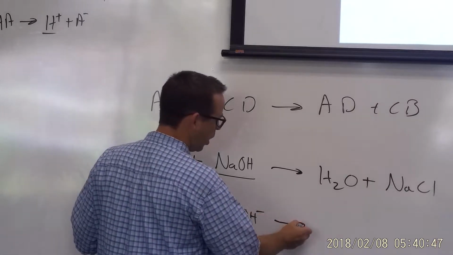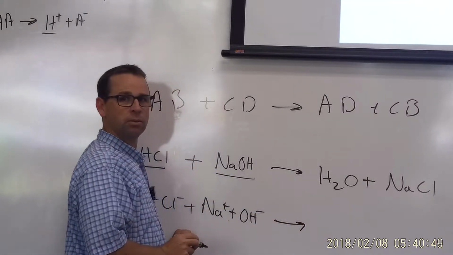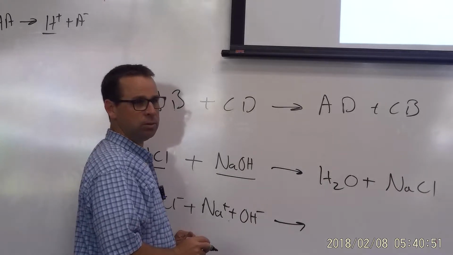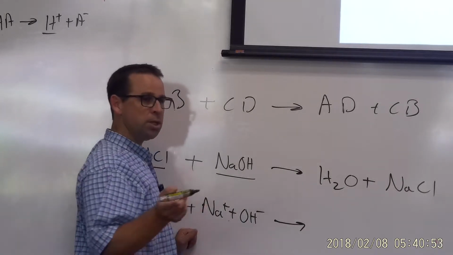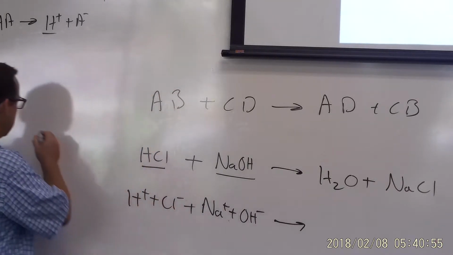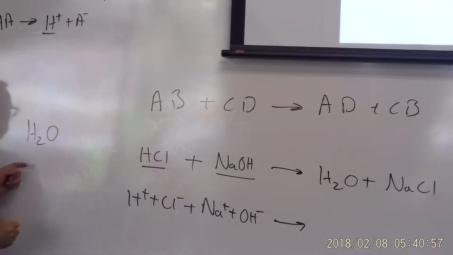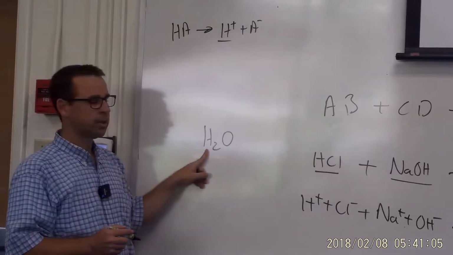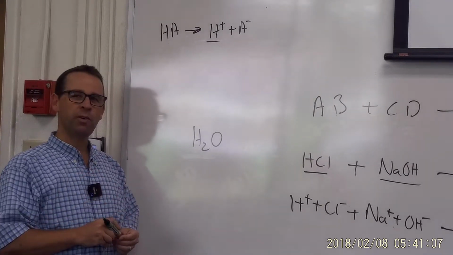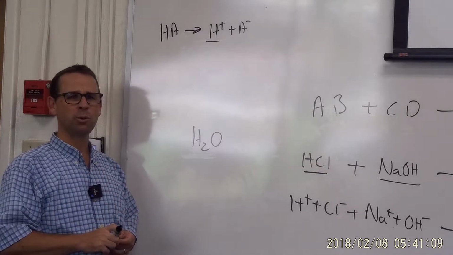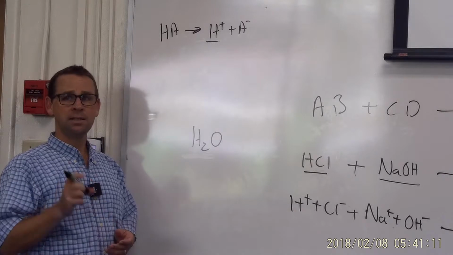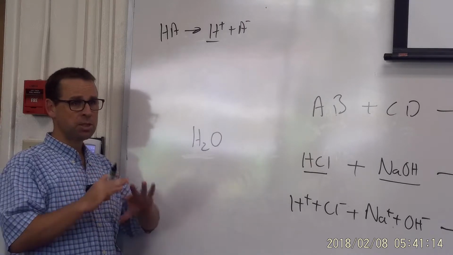All right, water, does it dissociate? No, it doesn't dissociate. Water is an interesting thing. Based on its chemical formula, H2O, you might say that it's an acid, right? Because it starts with a hydrogen, and that's one clue that will help us know whether or not a compound is an acid. And in a way, we'll find out in Chem 106 that it is an acid. It does dissociate, but such a small amount.